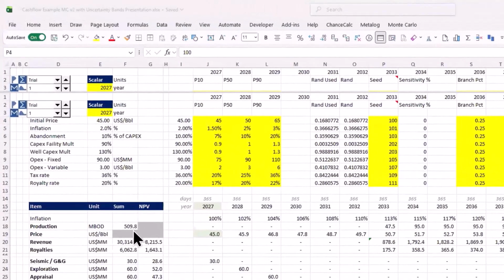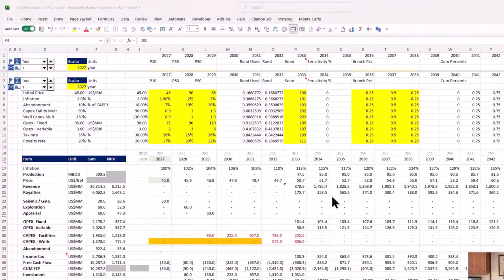Here's the calculation of cash flow. For the economics people, you've got revenue out here after it makes some investments, and then it's got to pay some royalties. The capital investment is staggered. This is really seismic and geological information, and this is the capital investment.